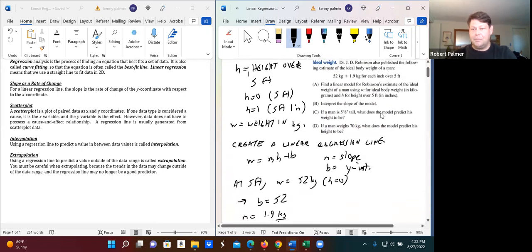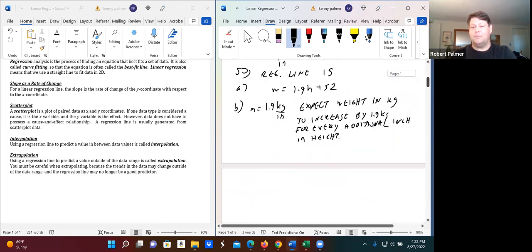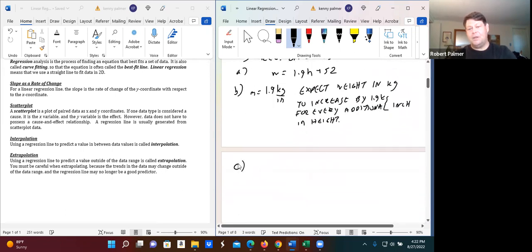Part C: a man is 5 feet 8 inches tall. What does this model predict his weight to be? For 5 feet 8 inches, let's write, what is the weight?